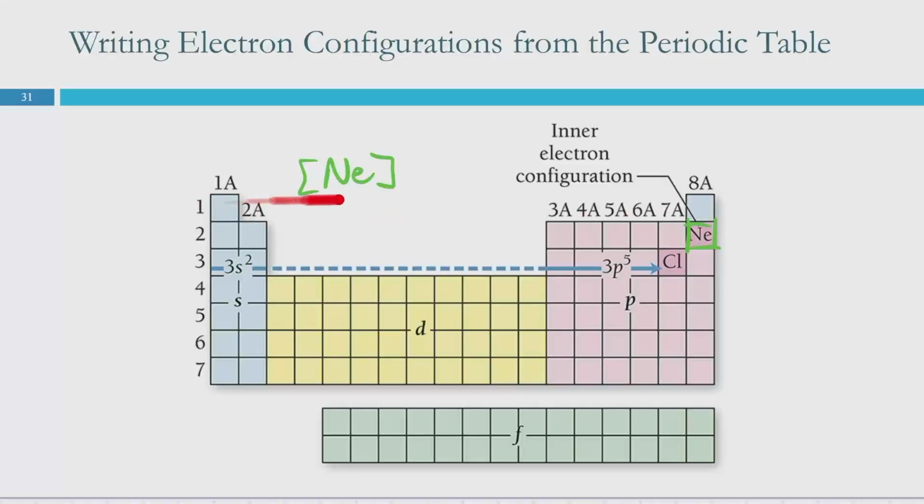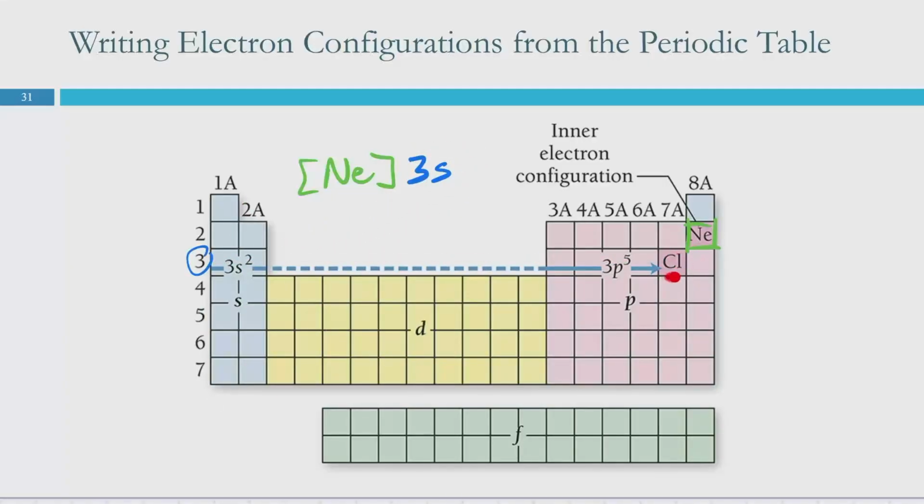It's the complete n equals 1 and n equals 2 subshells. And then to get past that, building off of neon, we look at what's next on the periodic table. Well, we're in row 3. So our n equals 3. And the first block that comes up is S. So we're working in 3s.